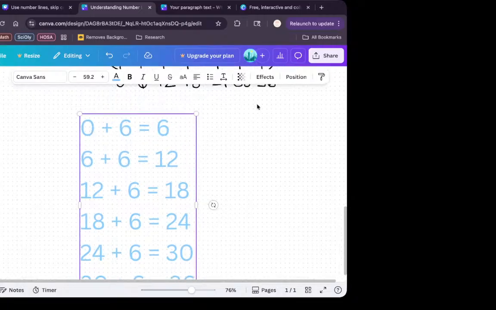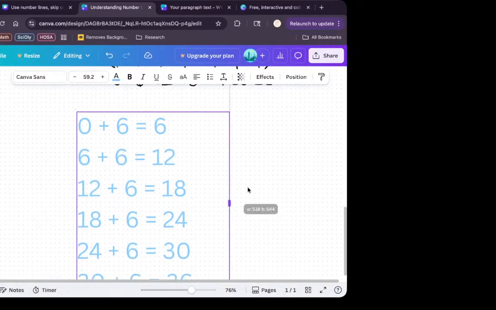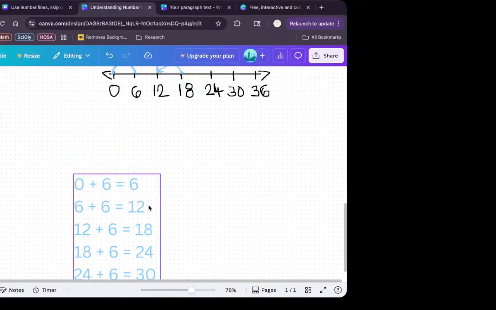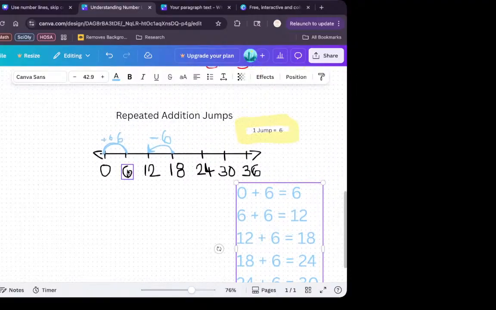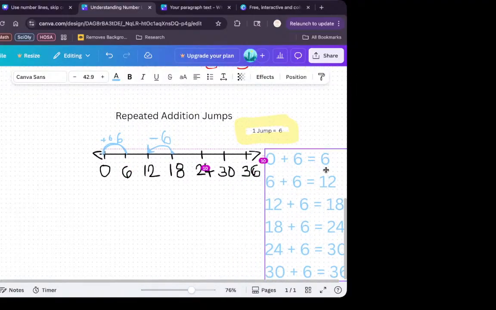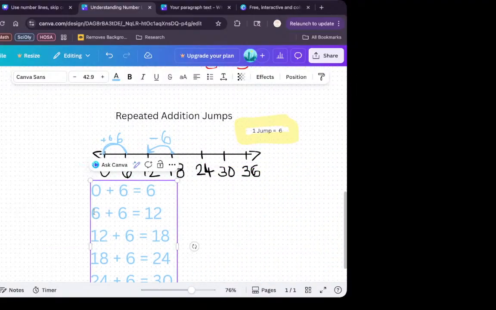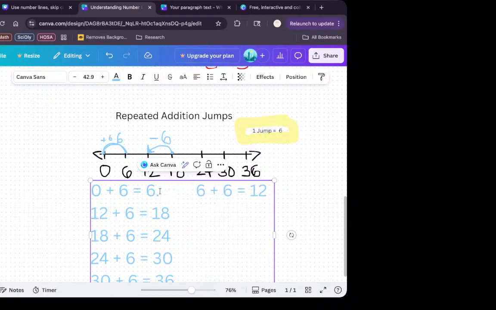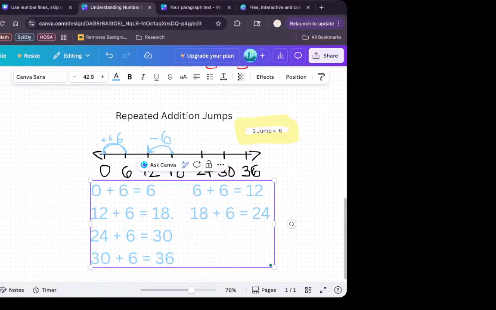Did we get 36? Yes, we did. Here, I will bring this up a little bit. See how we identified the pattern and we were able to. I'm gonna make this a little more easier.